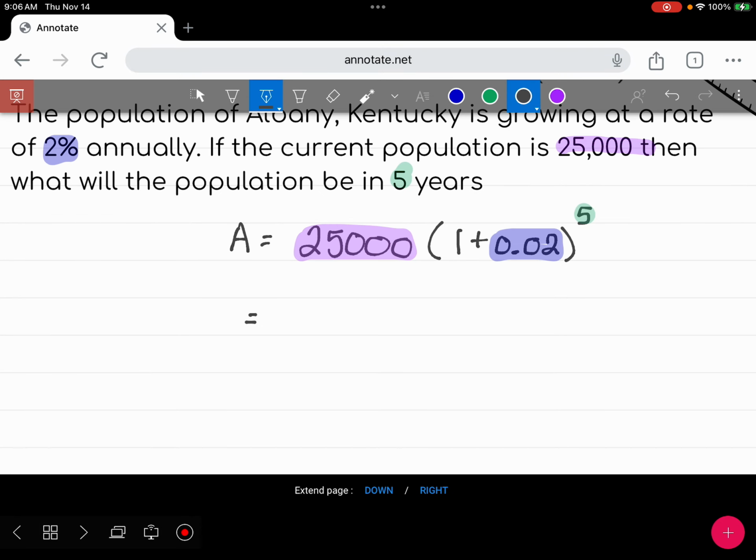So I do recommend we simplify the inside of the parentheses first, just because it's going to be really helpful when we get into doing things that involve logs, when we're having to solve for stuff. So I highly recommend that we simplify this part first, 1.02 to the 5th. And then we can type it in the calculator.